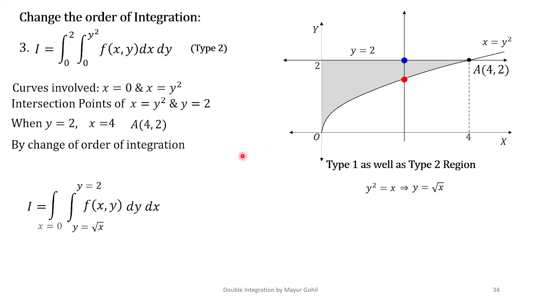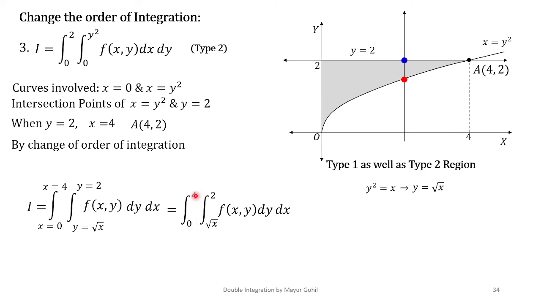Okay, so x equals to 0 to x equals to 4, this is the projection. Hence my final answer after change of order of integration is going to be double integral f of x comma y dy dx. The innermost integral is going to be square root of x up to 2, and the outermost integral is going to be 0 to 4.